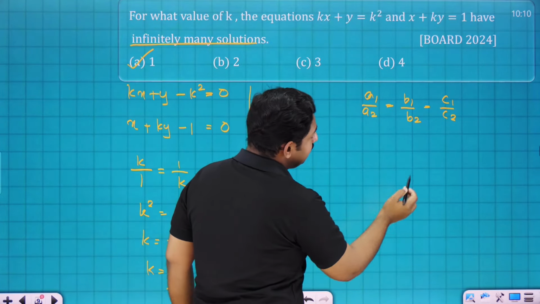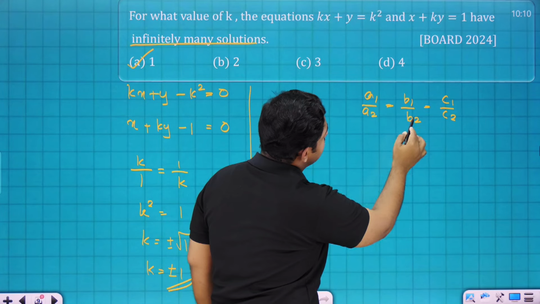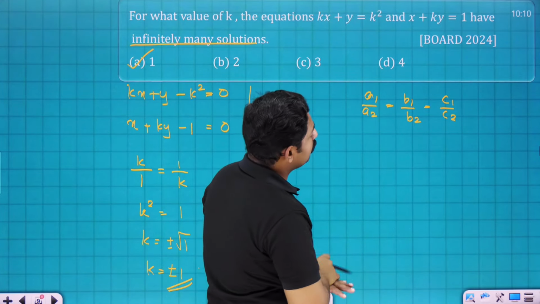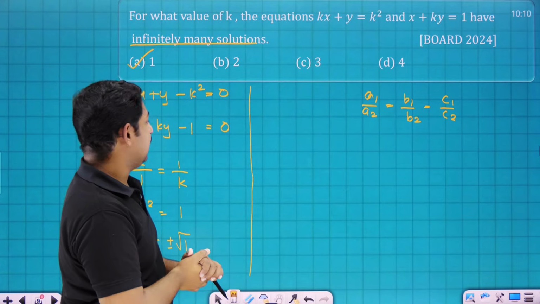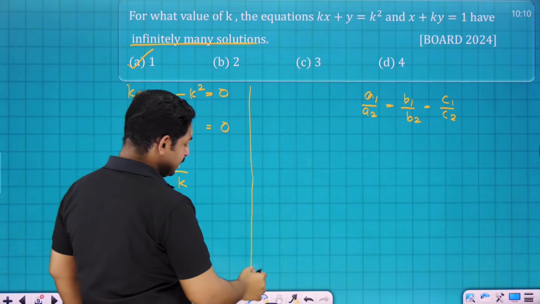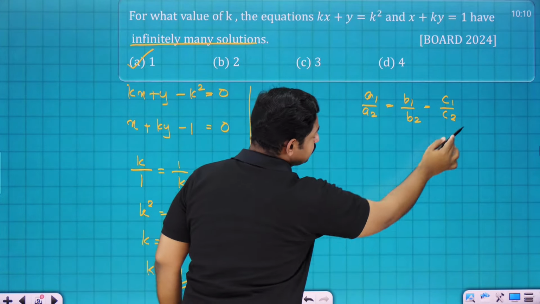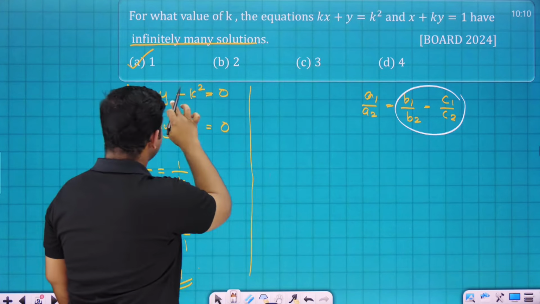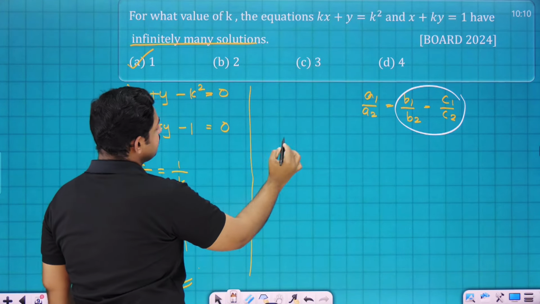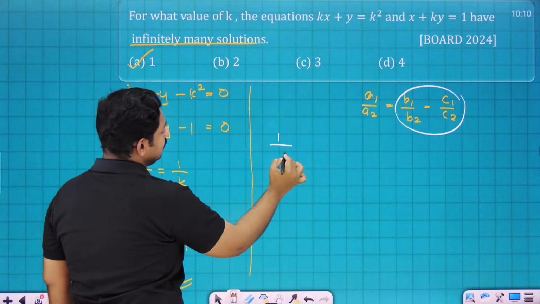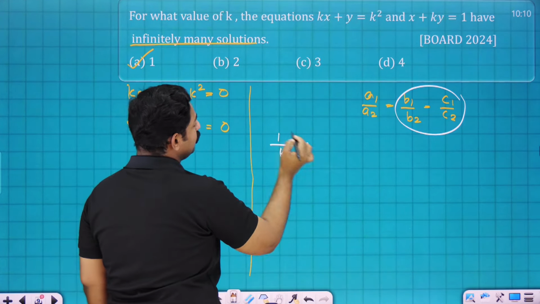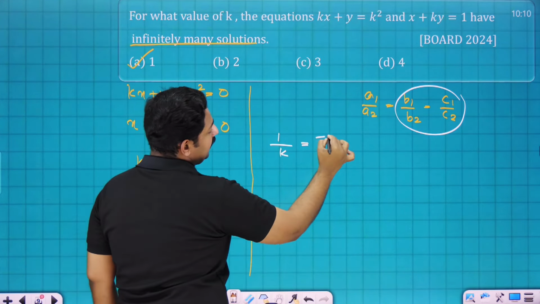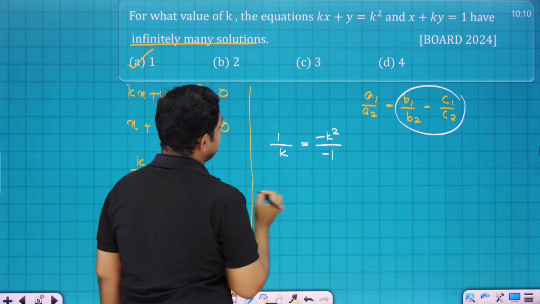The reason is, you can see b1 by b2 and c1 by c2 are also equal, all the three ratios must be equal. So if I am equating these two, as in the previous question, here you can see the coefficient of y is 1, so 1 by k. So b1 by b2 means 1 by k is equal to c1 by c2 means minus k square by minus 1.